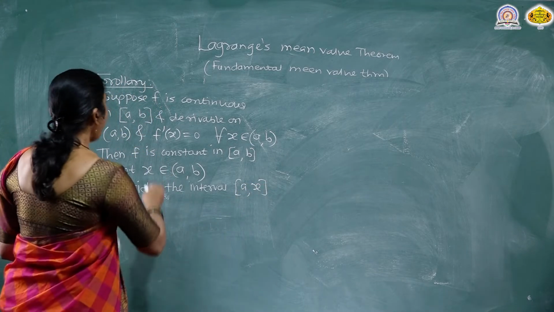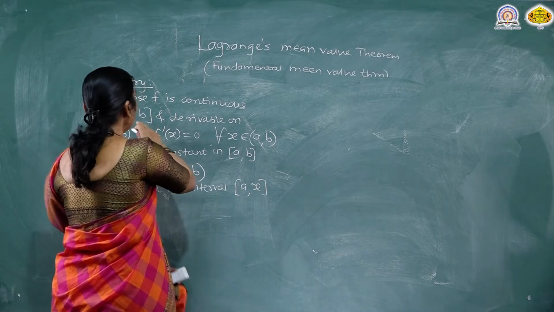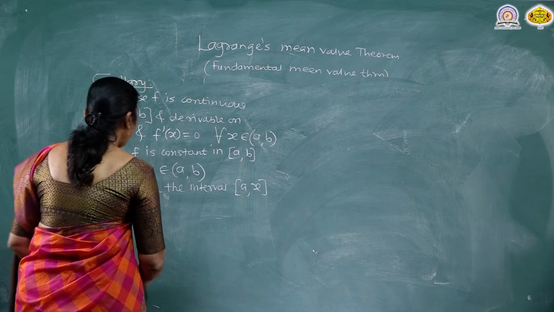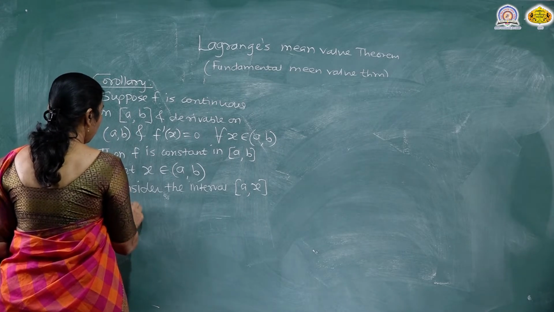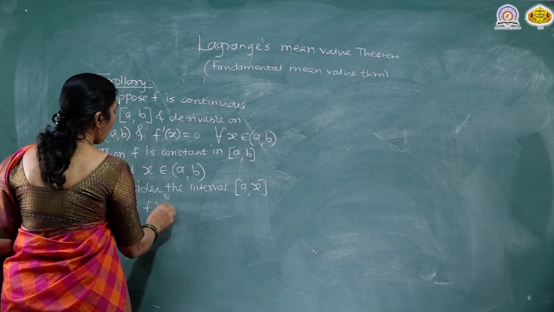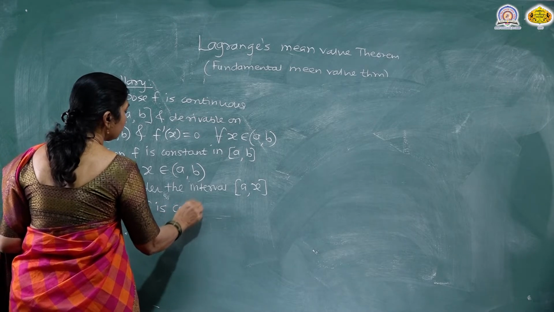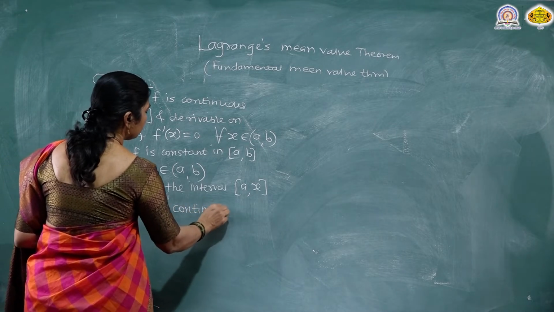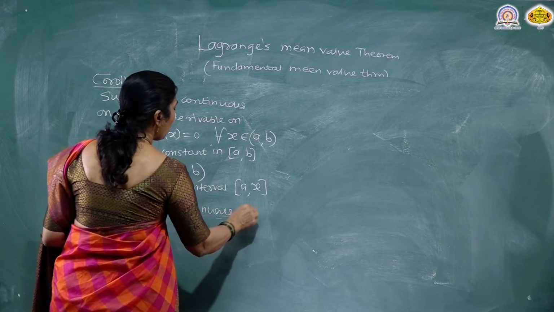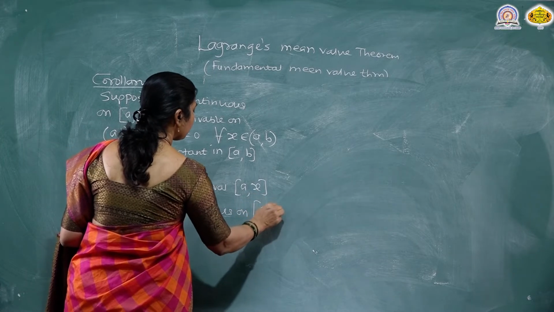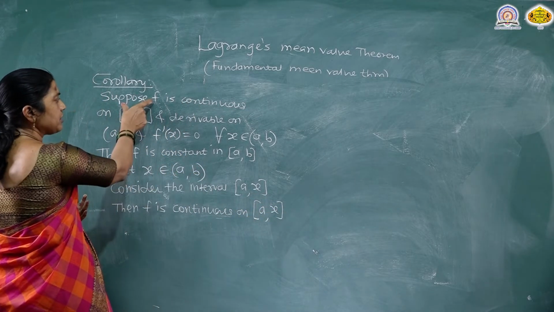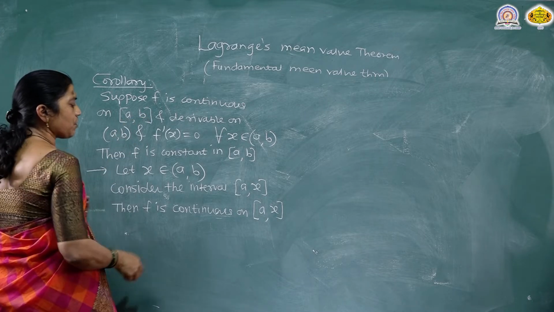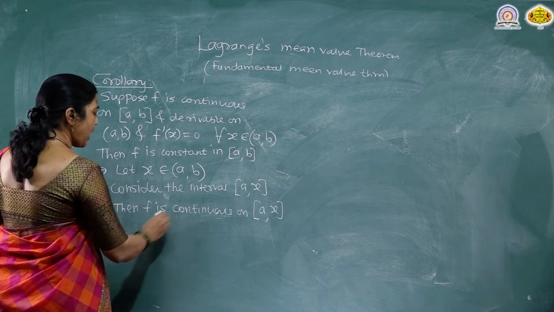Obviously, as the function is continuous on the interval [a, b], f is continuous on the closed interval [a, x], as x lies in (a, b) and it is continuous on the closed interval [a, b]. So it is continuous on [a, x] also.